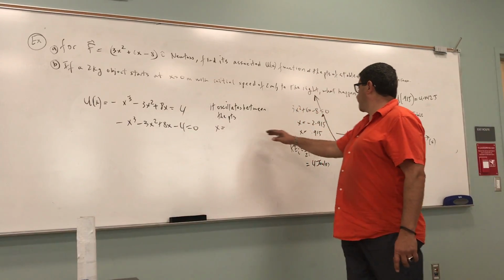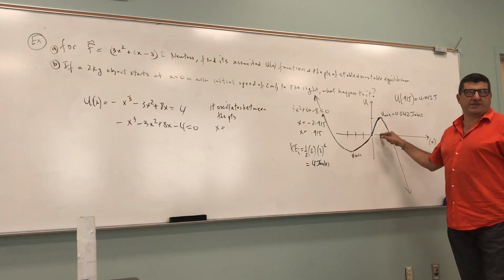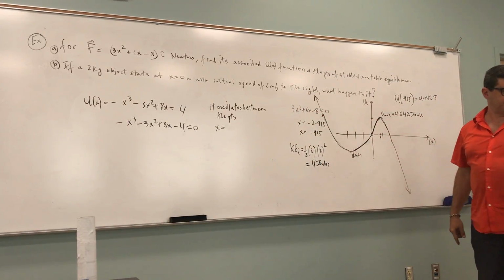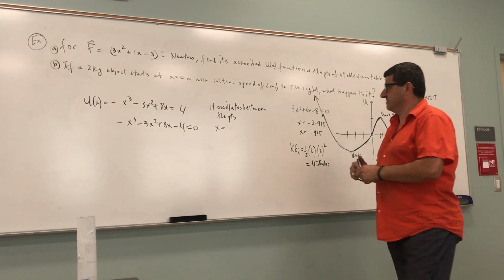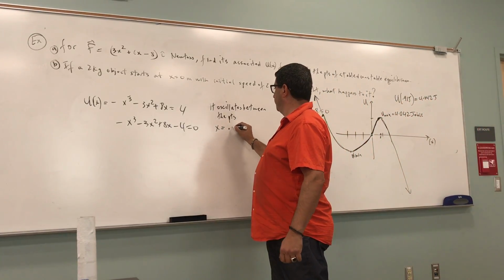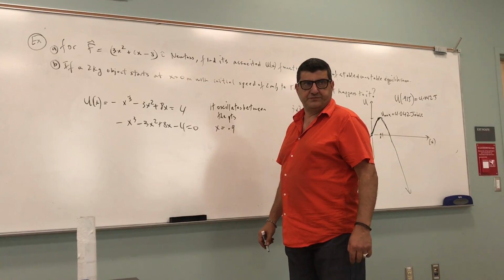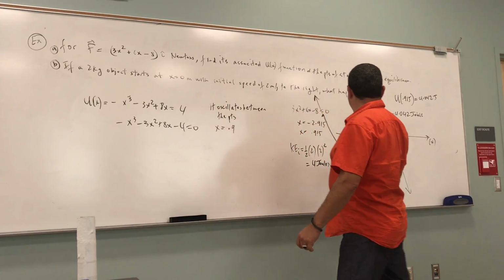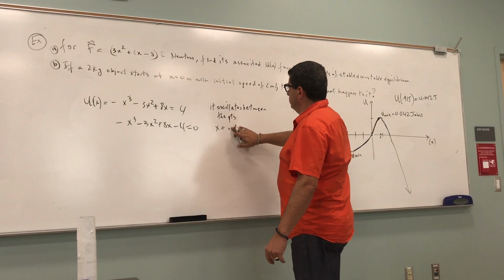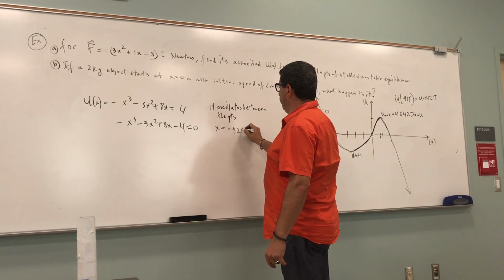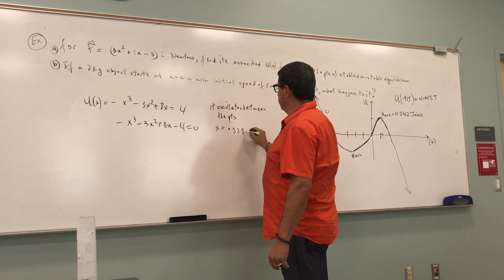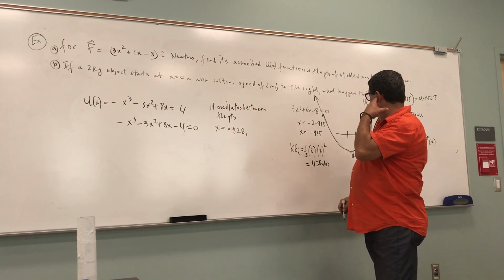So one of your answers is going to be almost 0.915, right? Point 9. Oh, it's that much different? 0.8 to 8? Negative 4.82.